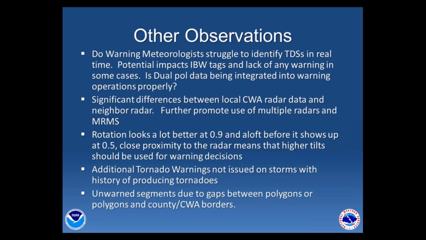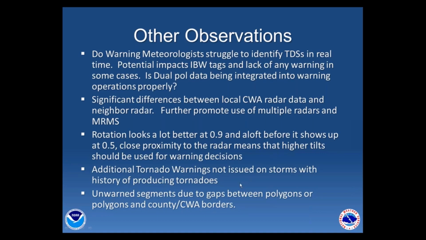We've had numerous tornadoes that come close to the RDA, and I think as the warning meteorologists have been on for several hours, they're starting to wear down, not looking at as much data. Maybe they start just focusing on the 0.5 data. They're falling behind and aren't seeing the 0.9 and above. So that might be the case.